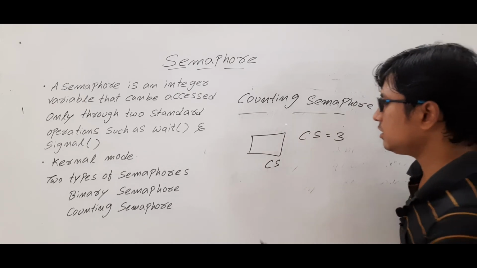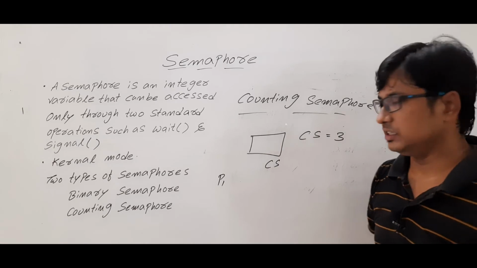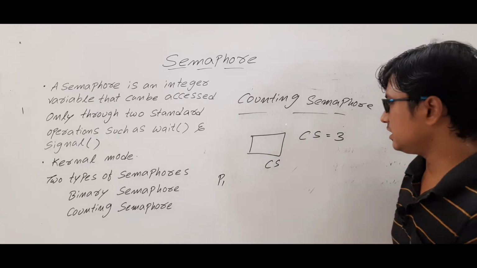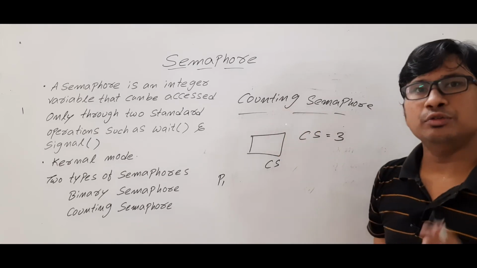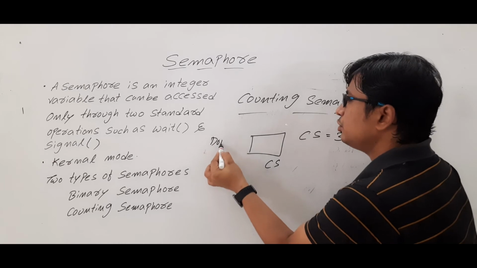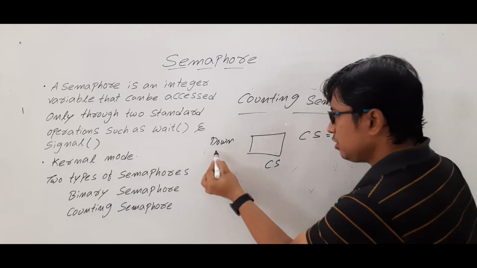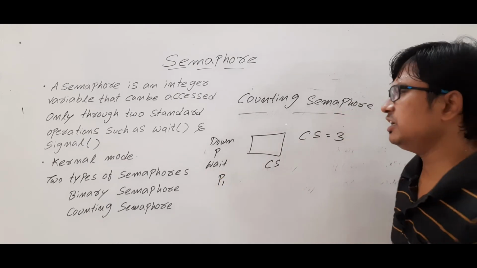Now let's take that process P1 wants to enter the critical section. Before it enters, it will decrement the semaphore value by 1. This operation we call the down operation, or P operation, or wait. Is it clear? Any one you can use.